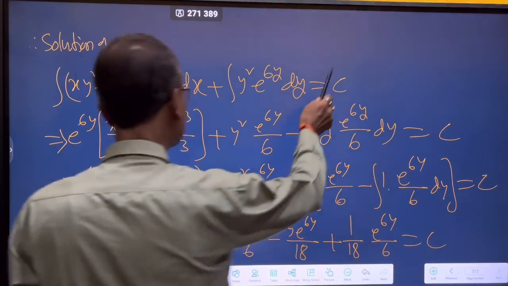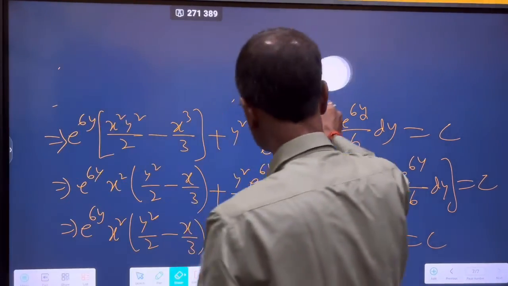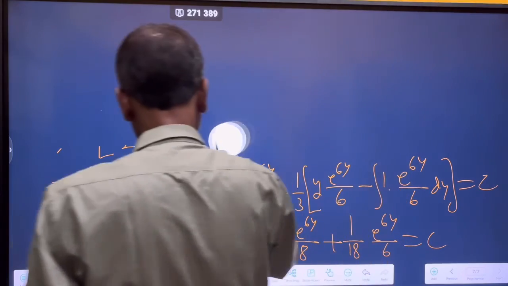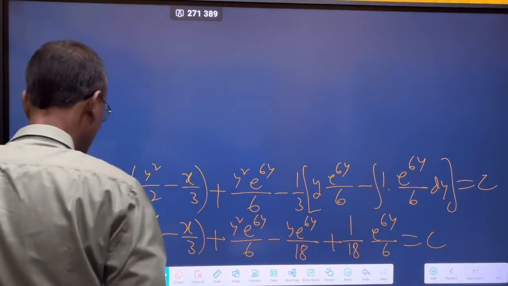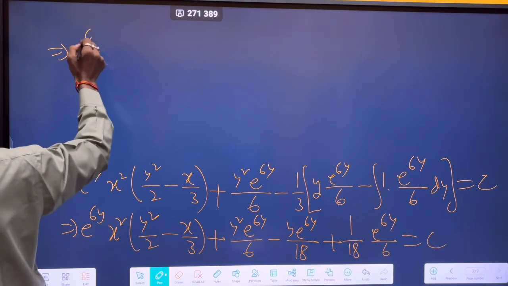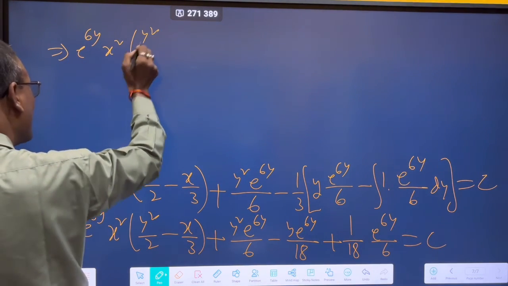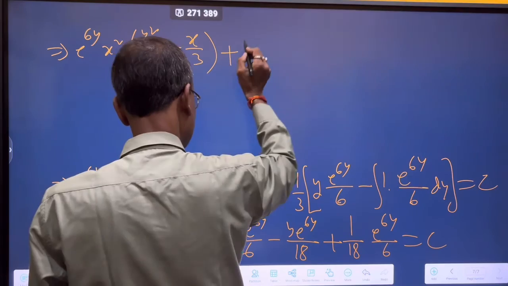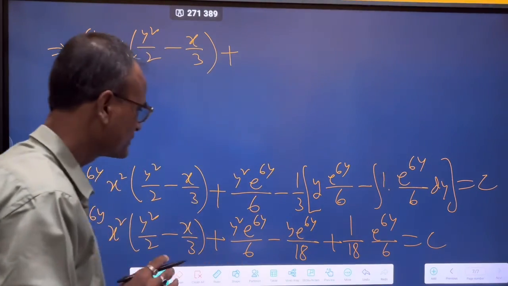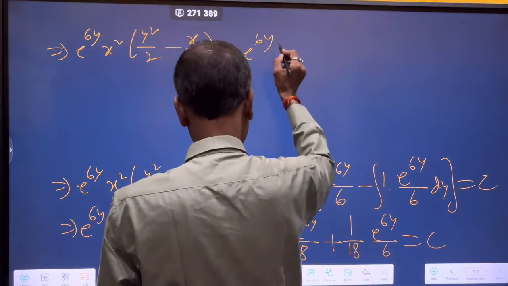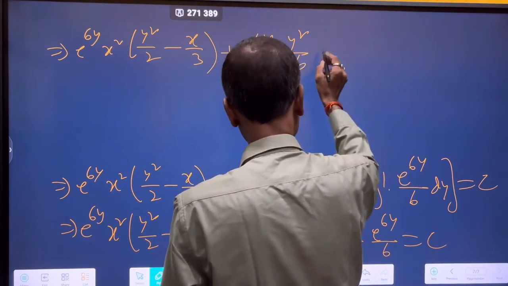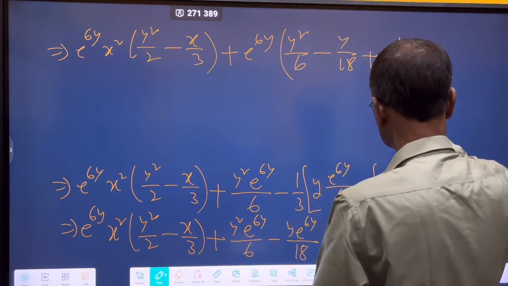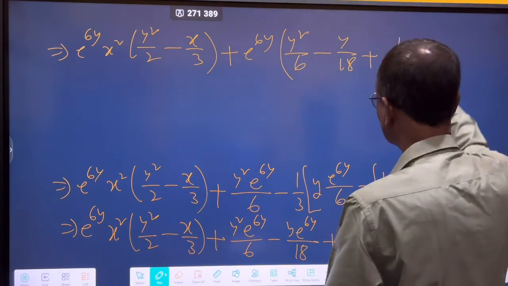Or let me write here now. e^(6y) [x²(y²/2 − x/3) + y²/6 − y/18 + 1/108] equal to constant.